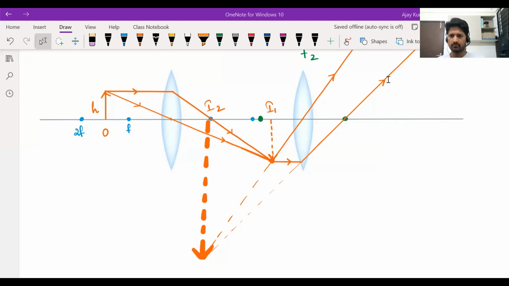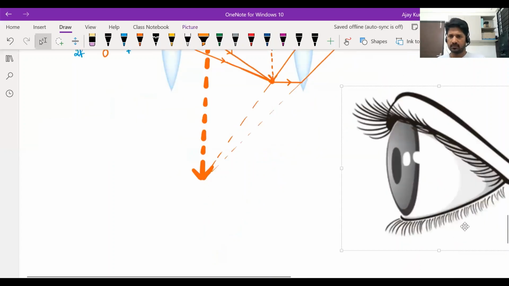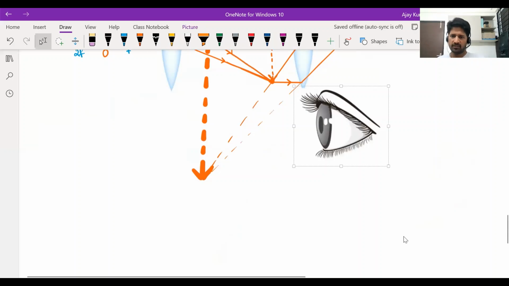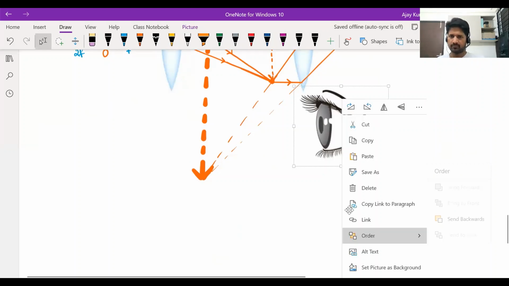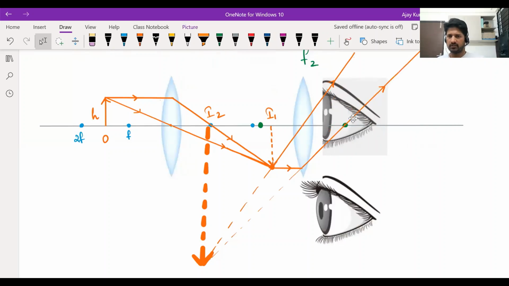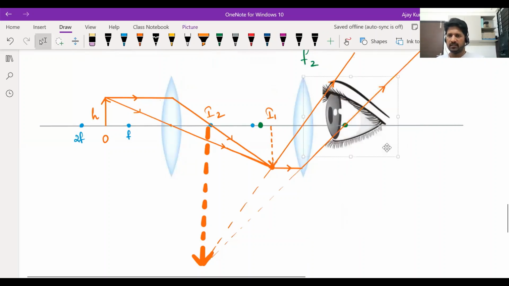It takes the image of the first refraction, and then takes that and magnifies it further. Right. So if there's an observer over here, the rays will enter the observer's eye as if they are coming from I2, and I2 is what the observer will finally see.